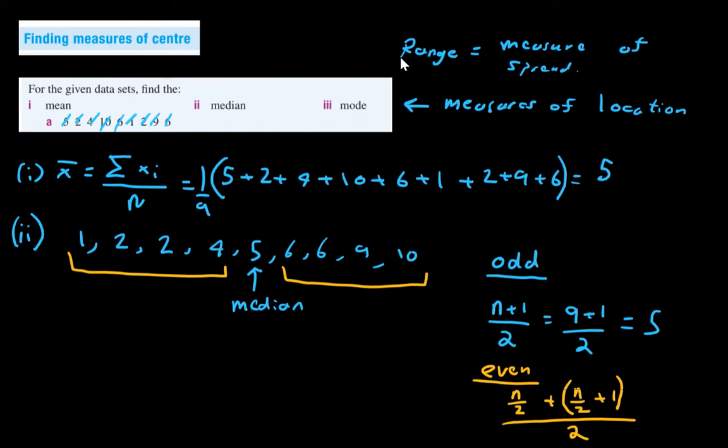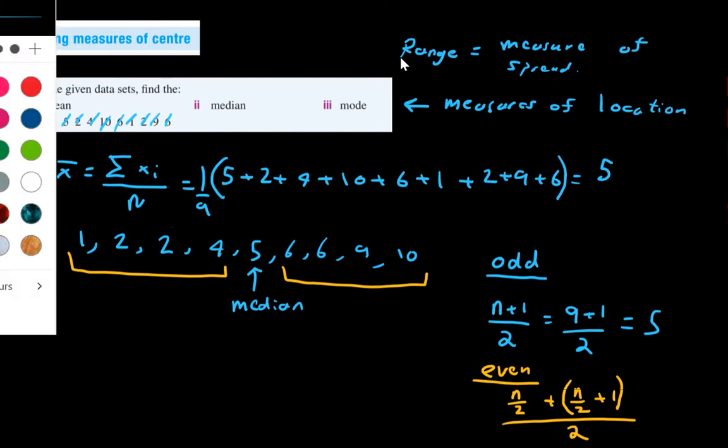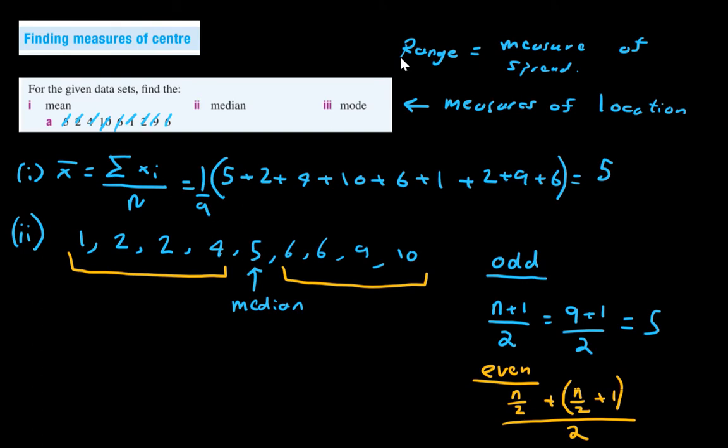Okay, so let's go for the mode. It's bimodal, and the modes are 2 and 6.